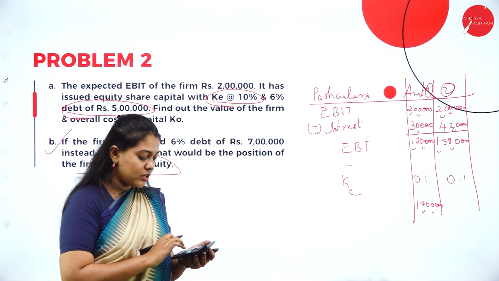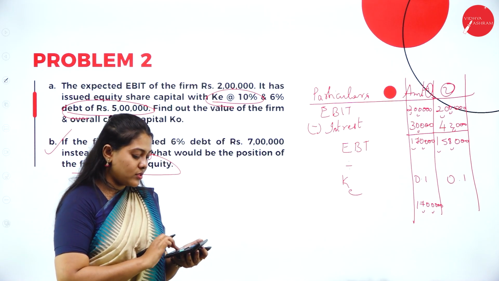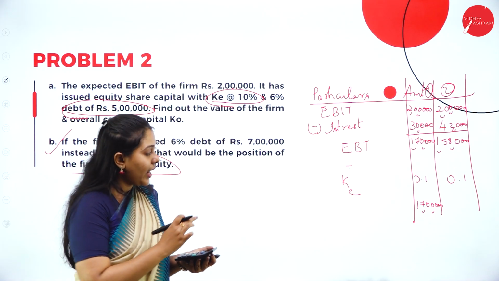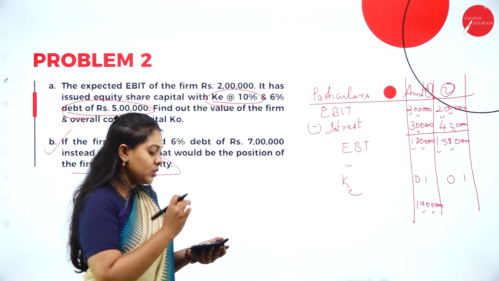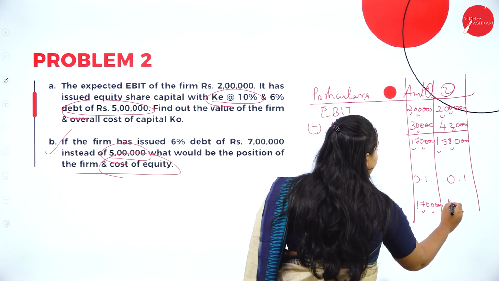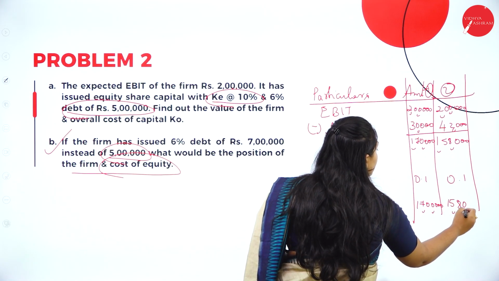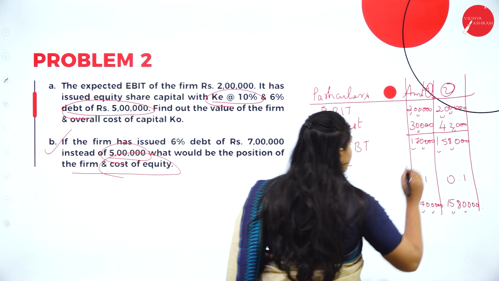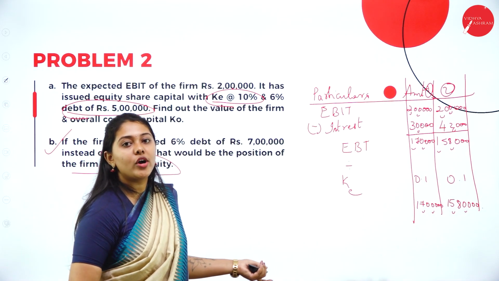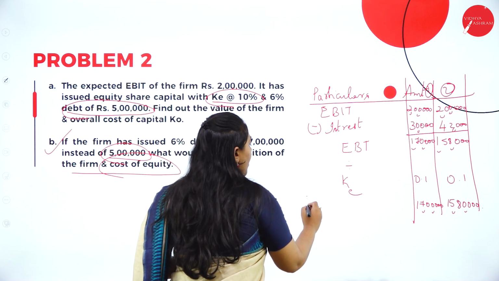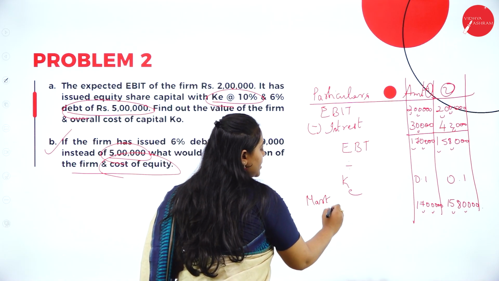Next, 1 lakh 58,000 divided by 0.1, the answer will be 15 lakh 80,000. So what is this? This is your market value of equity.